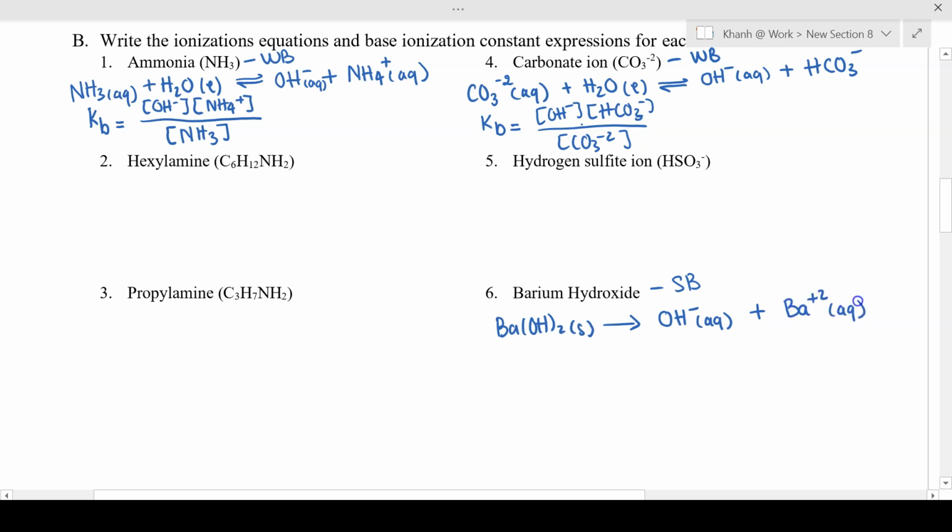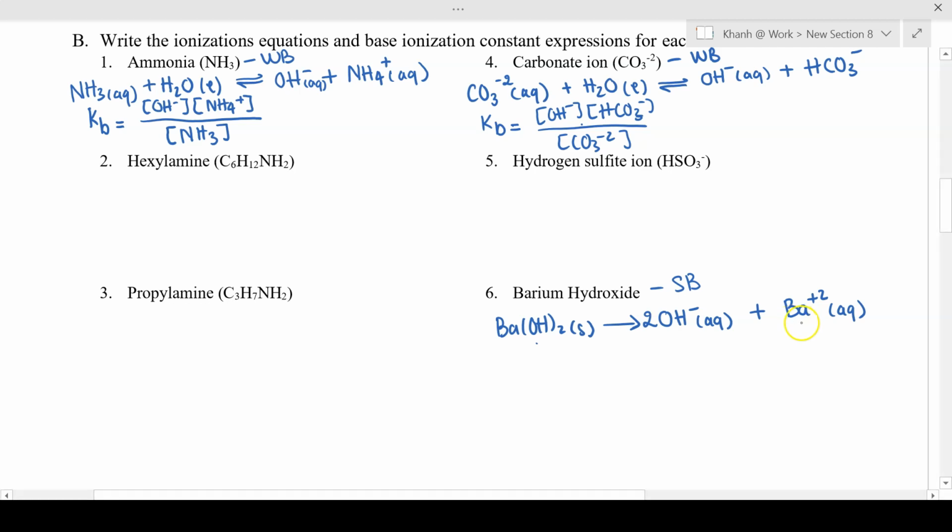This is also in aqueous form. Now this is one of those situations where you do need to balance your chemical equation. Here I have one barium on one side, and then I have 2 hydroxide on the other side. So I'm going to need to balance that out by writing the number 2 in front of the hydroxide ion in order to balance this chemical equation.